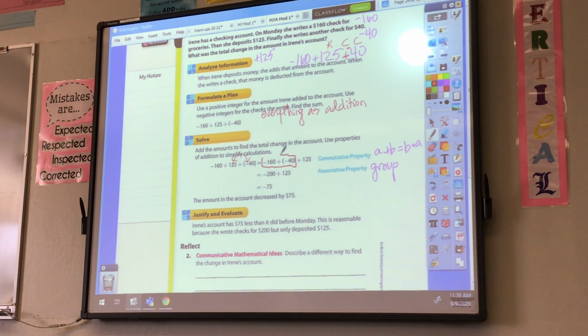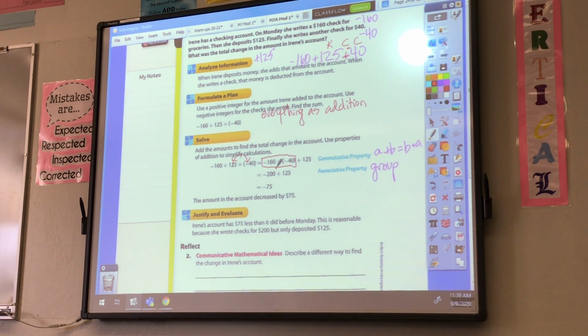So, Torian just said, well, I would put the 160 and the 40 together. They're both negative, that's okay. They're both negative, and so that way I can put them together. That's what they do. They use the commutative property in order to switch them, okay? Because 160 and 40, both negative, is a lot easier than 160 negative plus 125 positive, and then a negative 140 again.